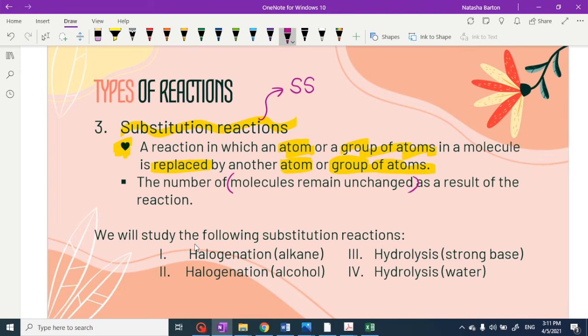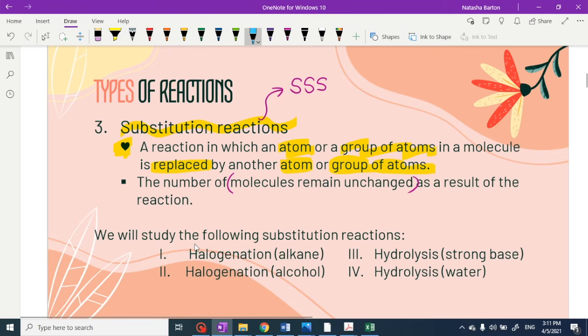In the end, you're going to have a saturated compound because we only substituted atoms or groups of atoms, and therefore it's a substitution reaction. So to remember how to identify substitution reactions, it's SSS or triple S. You've learned USA, SU, and triple S. These are going to help you in your exam so that you don't get confused.